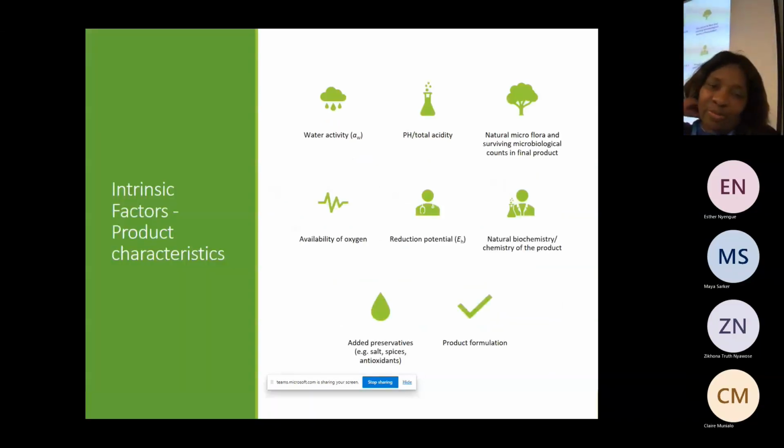So let's look at the factors that affect shelf life, right? We have two categories of factors. We have intrinsic factors, where we look at product characteristics, and we also have extrinsic factors, where we look at the environment.